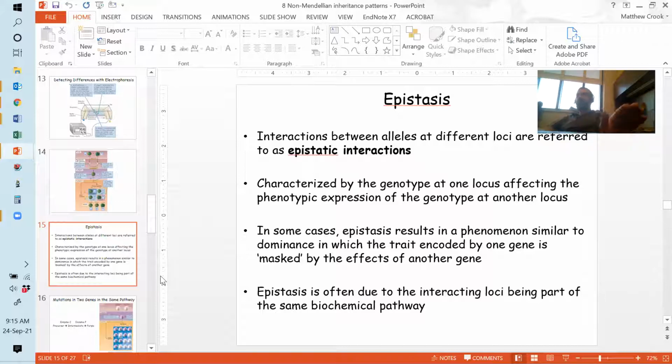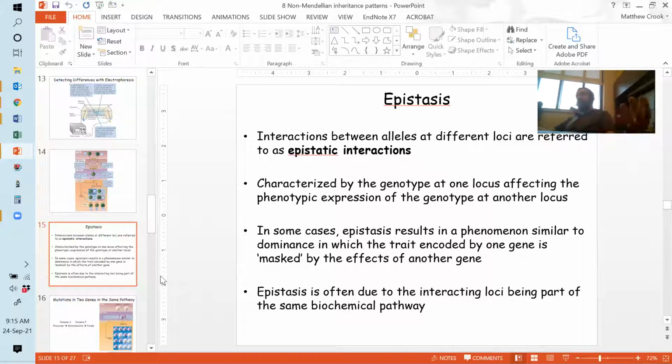And so here you get a weird sort of effect where instead of having alleles that are dominant over other alleles, now you can actually have genes that are dominant over other genes, right?